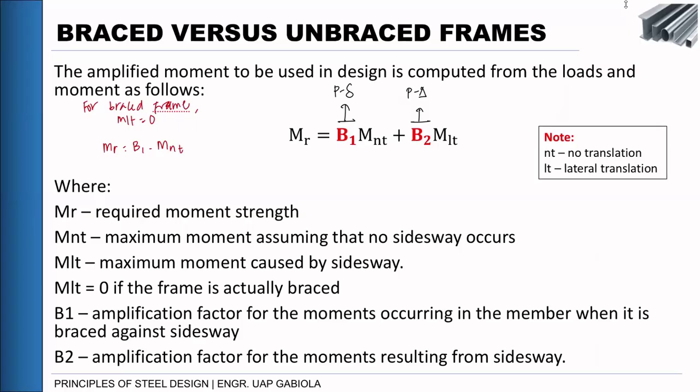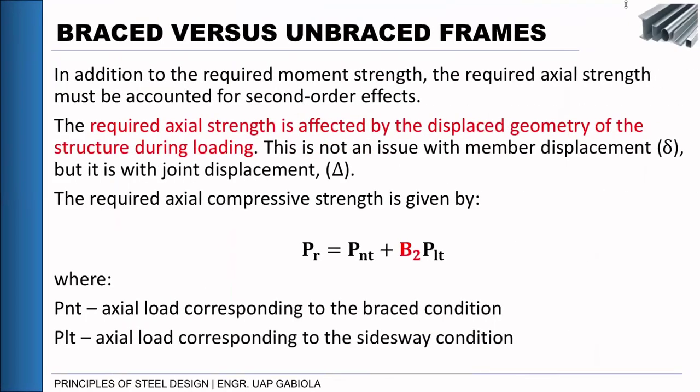But before that, if our bending effect is amplified, of course our axial strength should also be amplified. So in addition to the required moment strength, the required axial strength must also be accounted for secondary effects. The required axial strength is affected by the displacement of the geometry of our structure during loading.